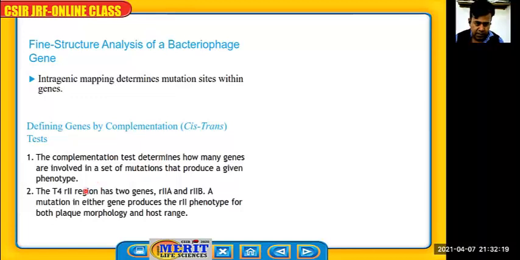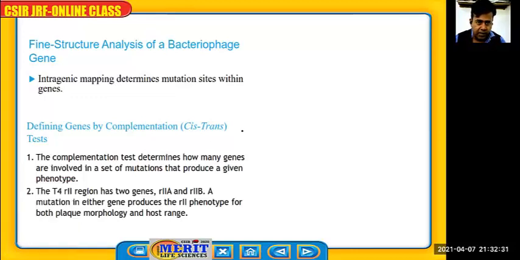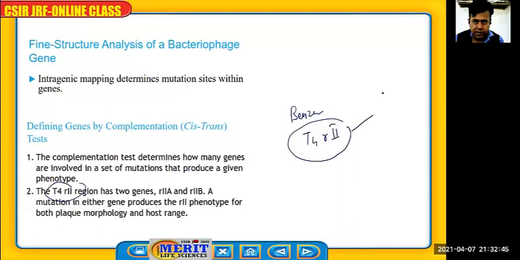For example, the example that was taken by Benzer was T4 rII, right? T4 rII, and there were two genes, rIIA and rIIB.